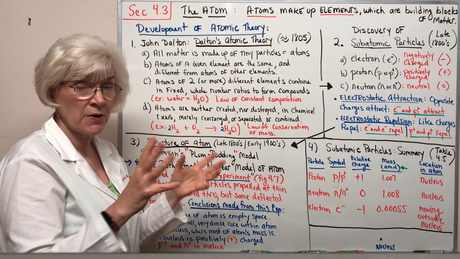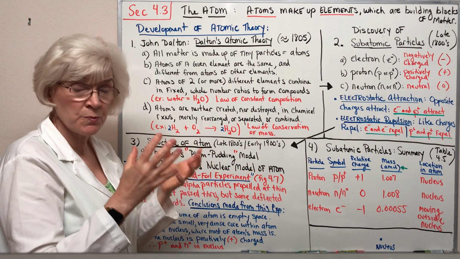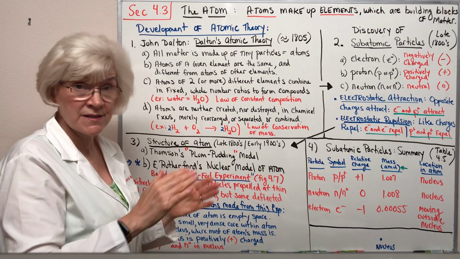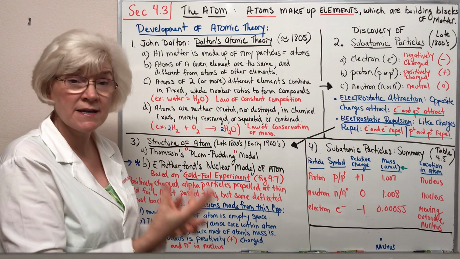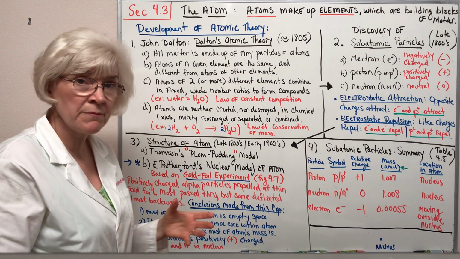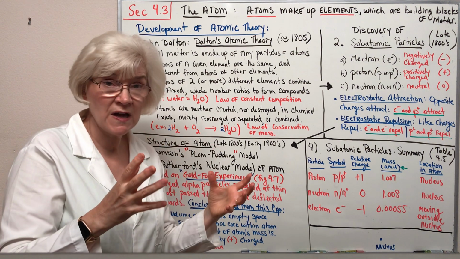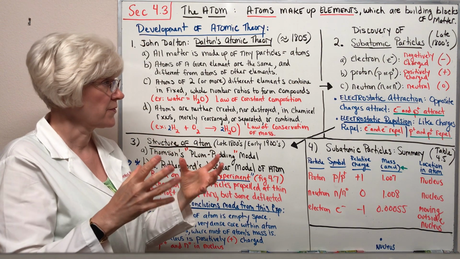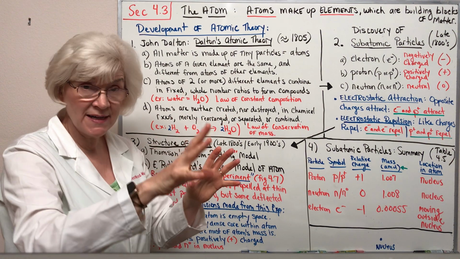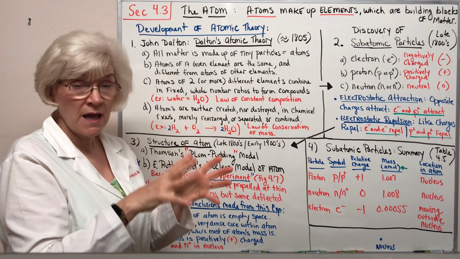So Thomson's model was just working with electrons and protons because neutron subatomic particles had not yet been discovered. So in Thomson's plum pudding model, there was the sea of positive charge created by the protons, and the electrons were then just embedded in it like plums in a pudding.